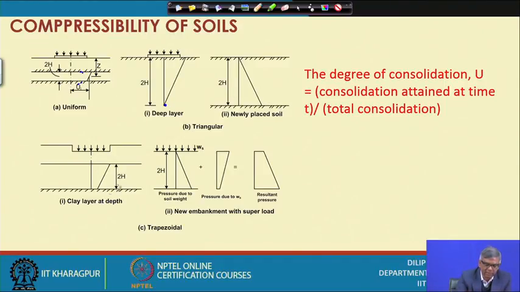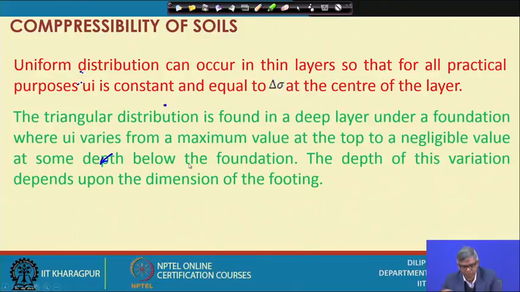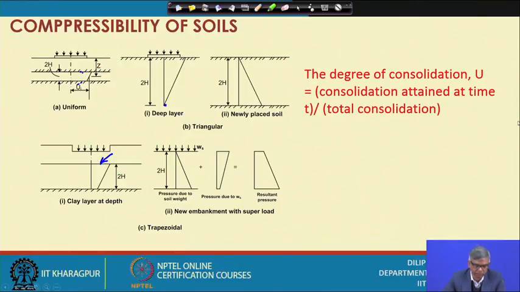And suppose there is a thick layer and load is applied here, obviously there will be a trapezoidal distribution, more here and less here. In the other case, suppose a newly constructed embankment with some loading, because of this newly deposited soil, the pressure will be like this. Because of this load, pore pressure is like this, and because of this loading, pore pressure will be like that, similar to this only.